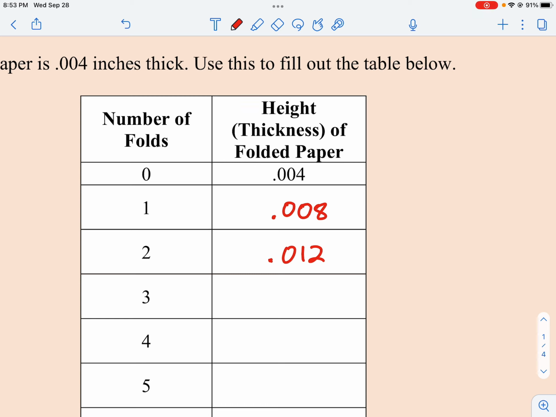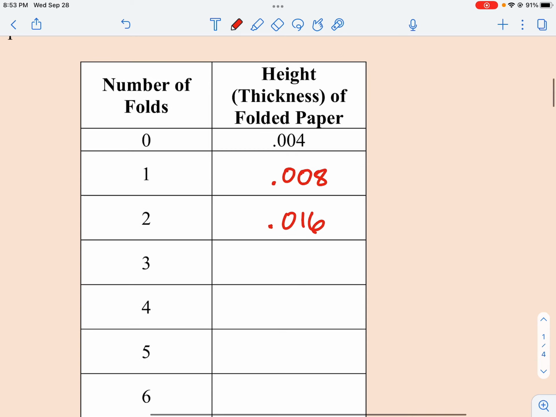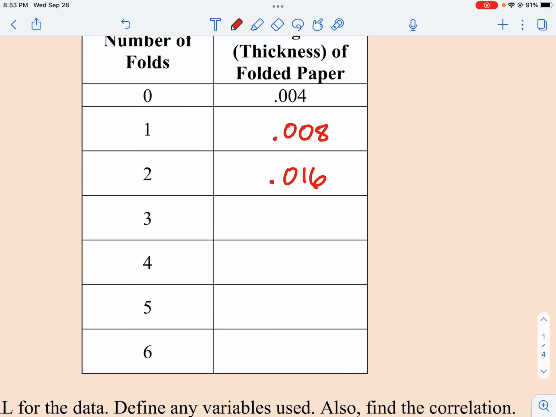Okay, if after 1 fold it's 0.008 and there's 2 layers, well, now I fold those 2 layers in half and I have 2 layers on top of 2 layers. I have 4 layers. So this is actually going to double in terms of its thickness to 0.016. Using that same approach, 0.016 will double to 0.032, which doubles to 0.064, which doubles to 0.128, which doubles to 0.256.